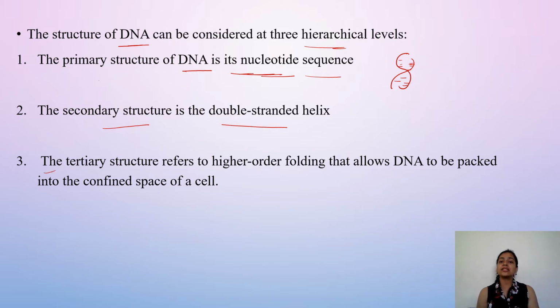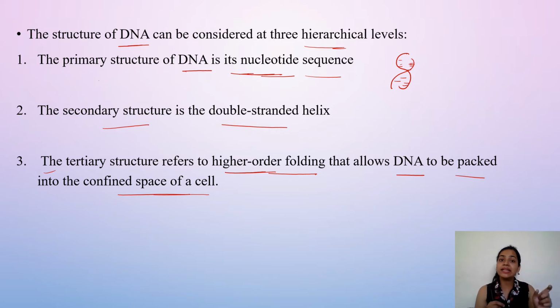And the tertiary structure refers to the higher order of folding that allows the DNA to be packed in a confined place of the cell. We all know that the cell is a microscopic structure, and within that cell there is a nucleus, which is still more microscopic. The diameter of the nucleus is much smaller than the diameter of the entire cell.